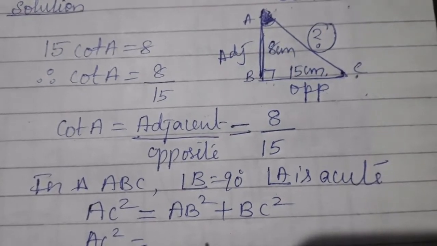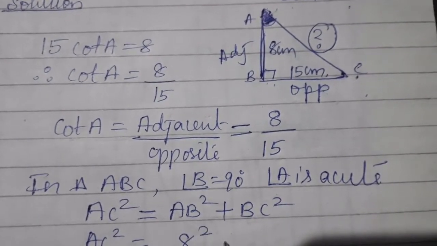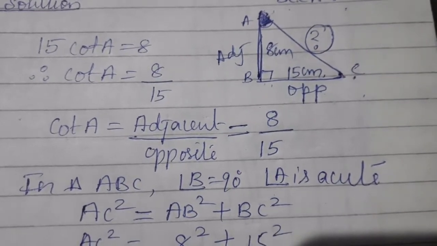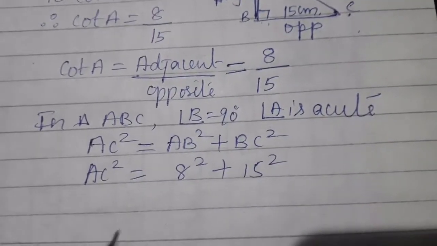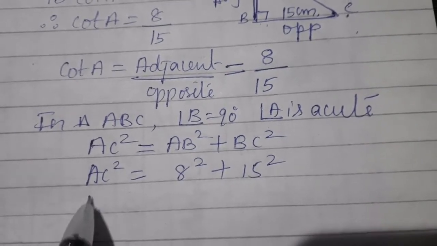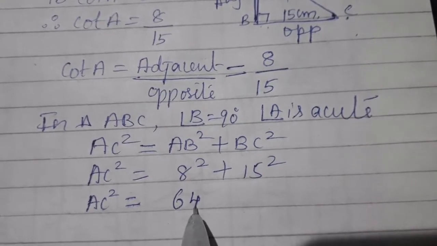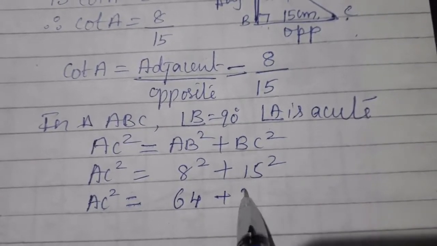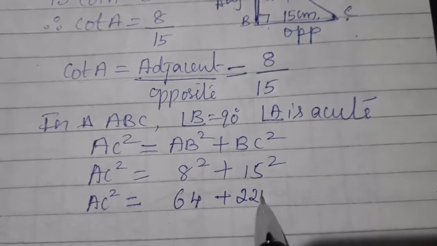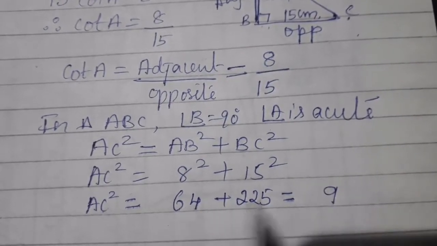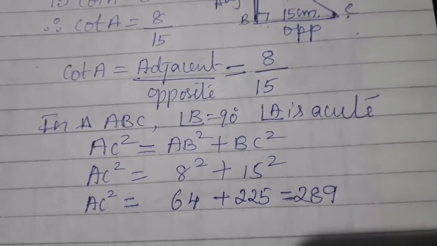AC square is equal to, what is AB square? 8 square. What is BC square? 15 square. So AC square is equal to 64 plus 225, which is 289.